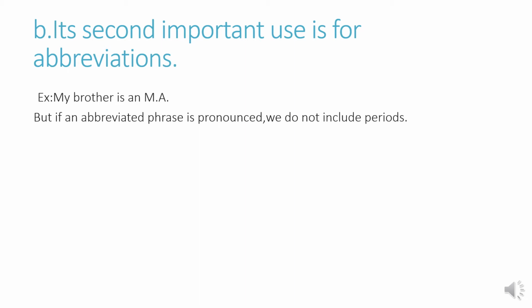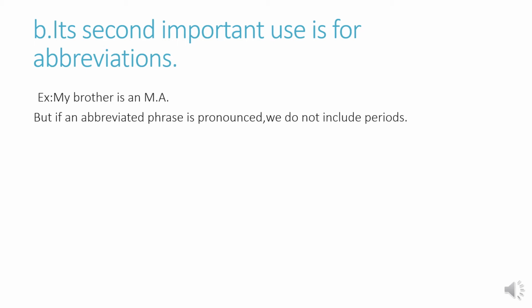So why should we use the full stops in between the abbreviation? Because there is a difference between abbreviation and the abbreviated phrase. So for an abbreviated phrase we can't use the dot, or we may say full stop, in between the letters, as we can when it is about a degree or a title.